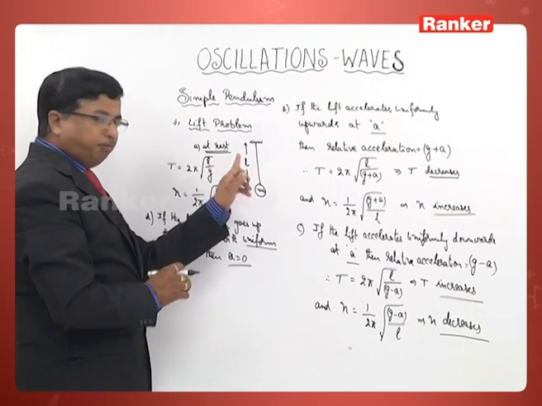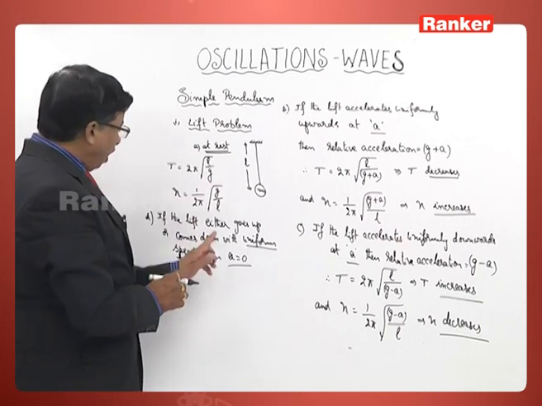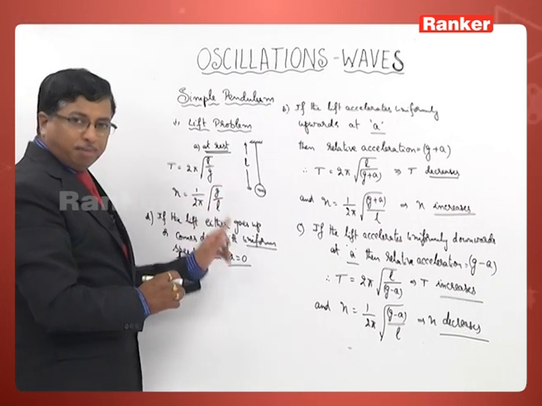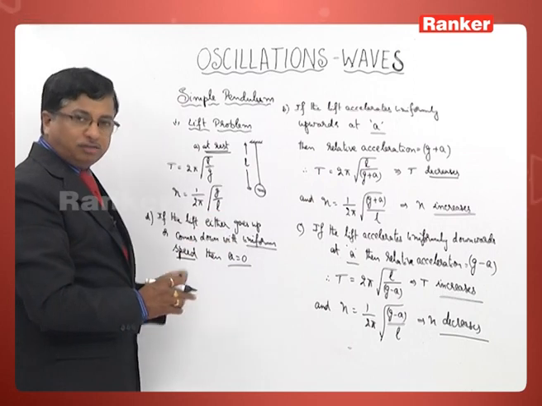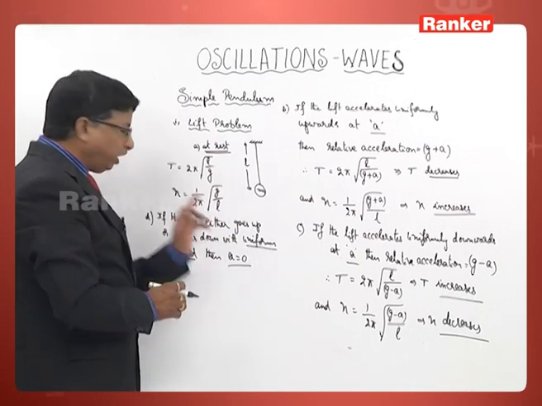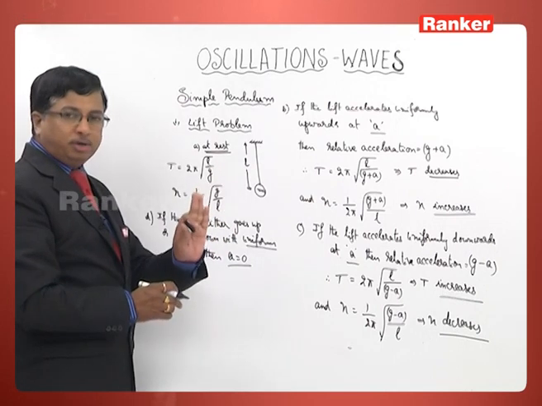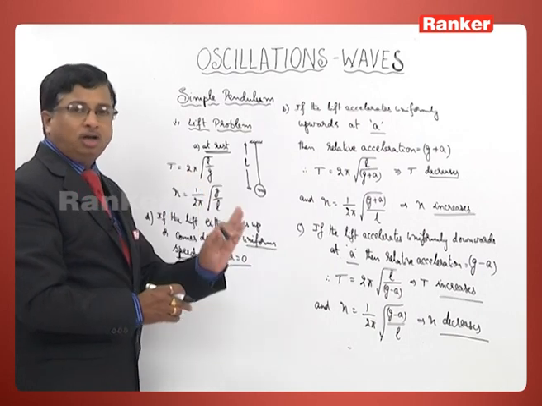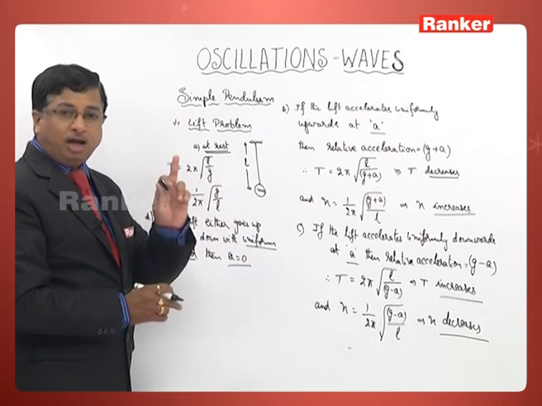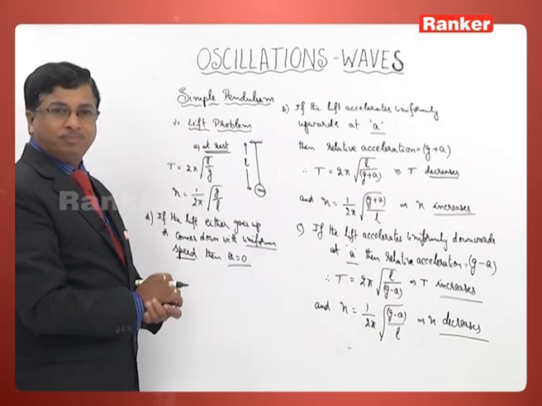Whether the lift is at rest or the lift is moving up or coming down with uniform velocity or speed, in both the cases there will be no particular acceleration to that particular pendulum other than acceleration due to gravity.